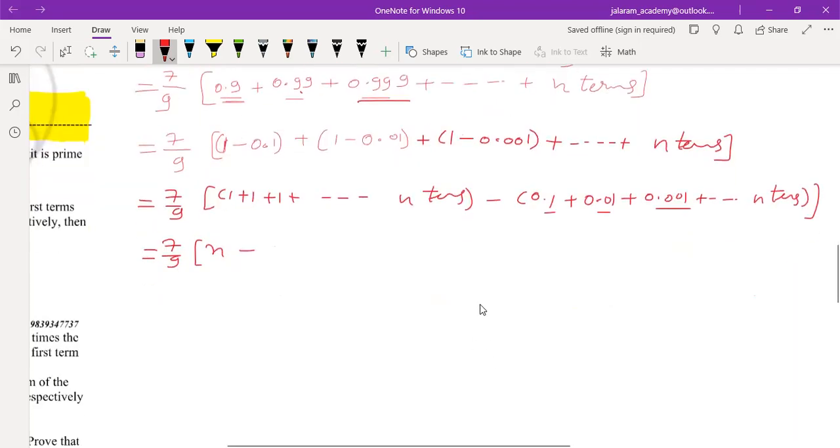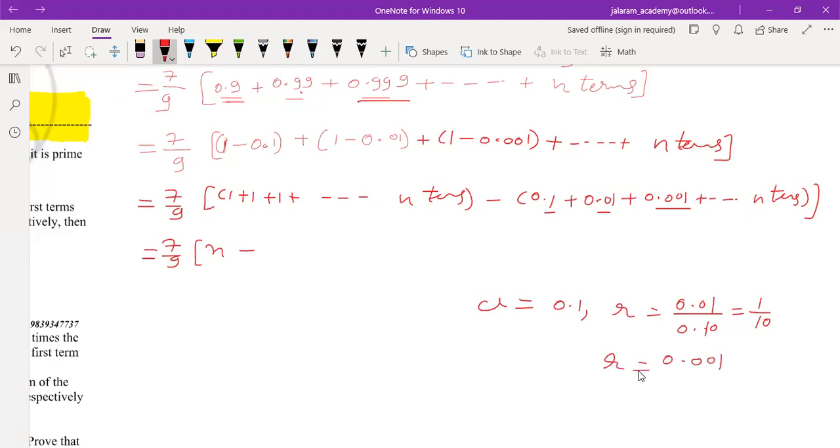If you observe, it's a GP with a equals 0.1 and r equals 0.01 upon 0.1, which gives 1/10. Check once more whether it's a GP: 0.001, the third term, upon 0.01, the second term, also gives the same result on cancelling the decimals. So the common ratio is 1/10 and the first term is 0.1.